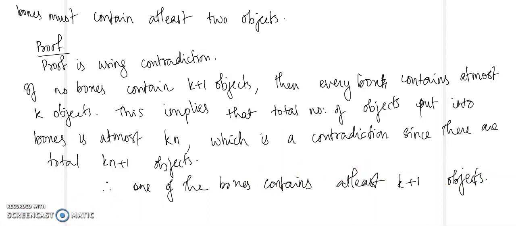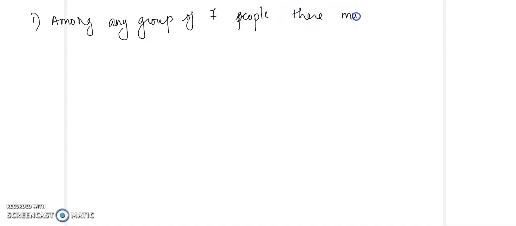So let us look at a few examples where we apply the pigeonhole principle. The first example is, among any group of 7 people, there must be at least 4 of the same sex.